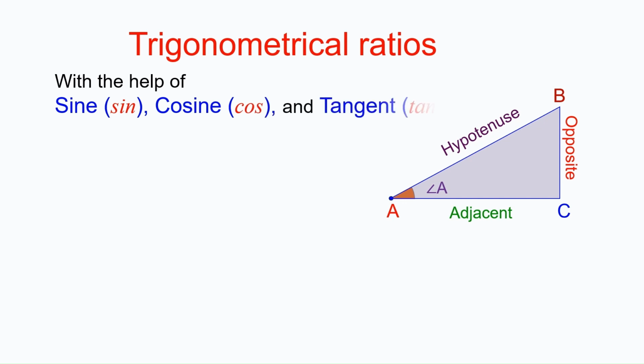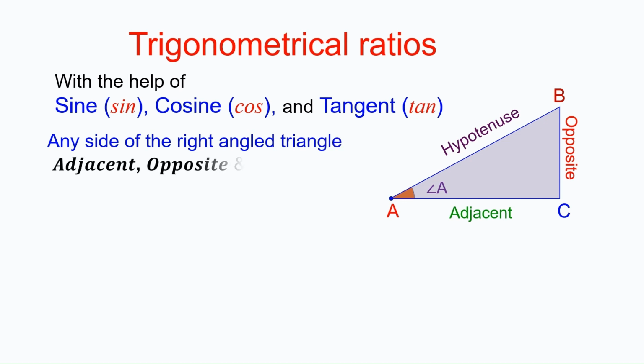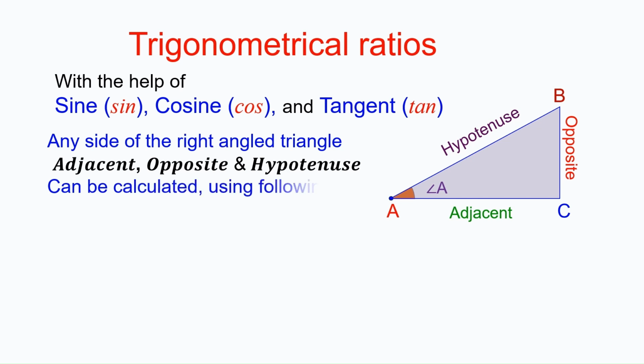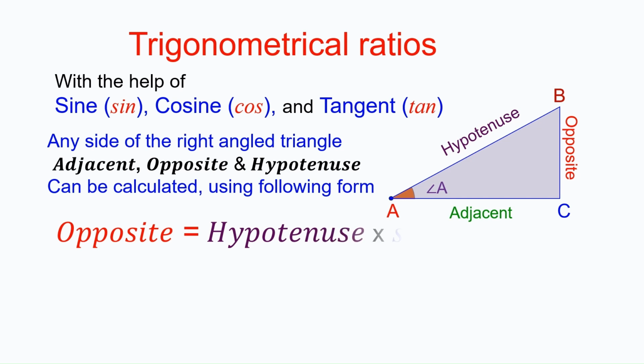With the help of sine, cosine and tangent, any side of the right-angled triangle, adjacent, opposite and hypotenuse, can be calculated using the following forms.